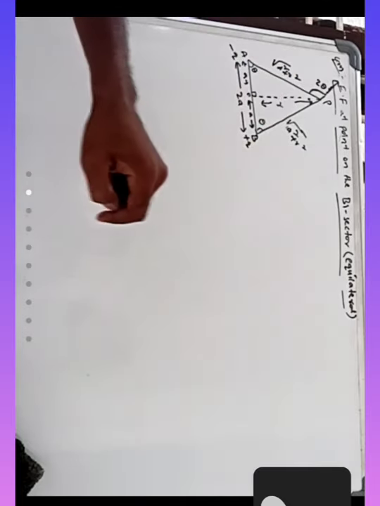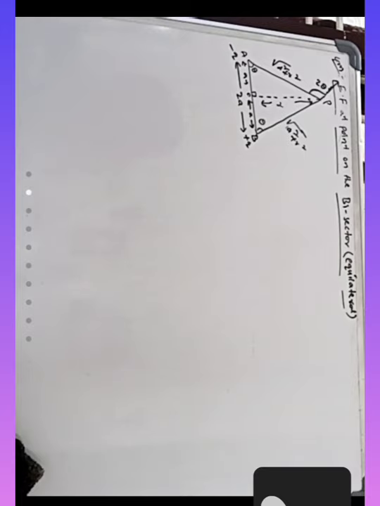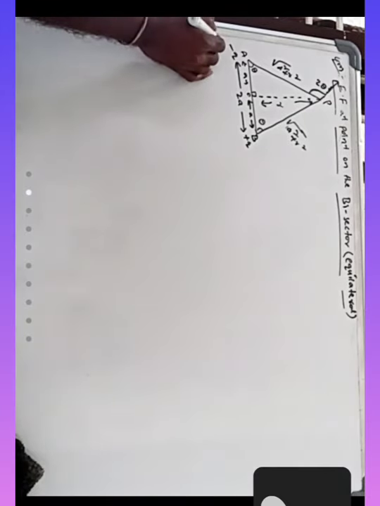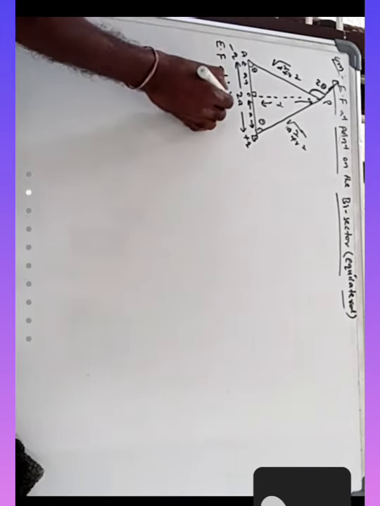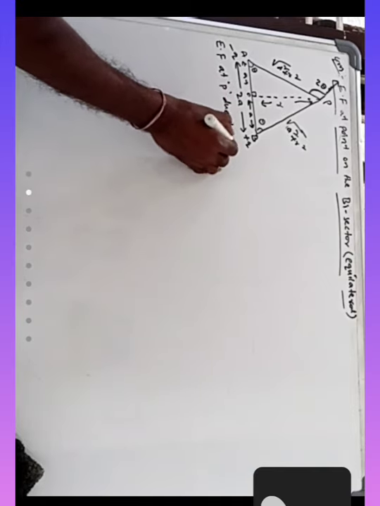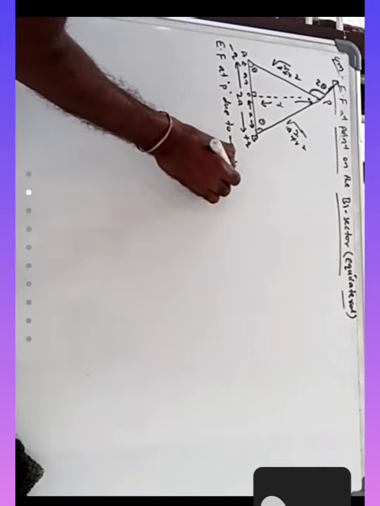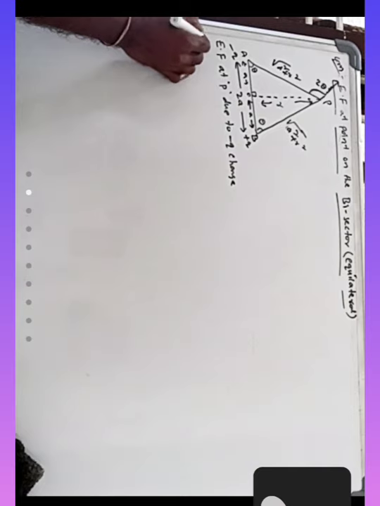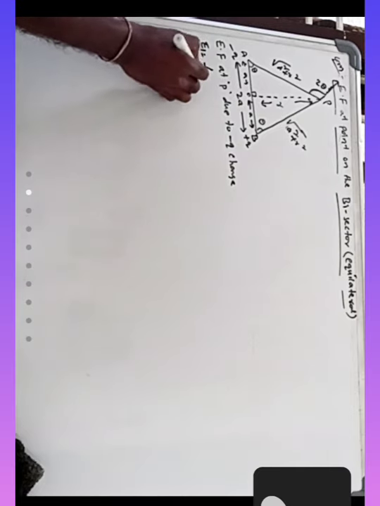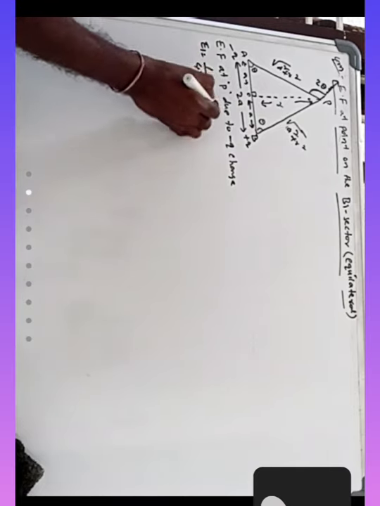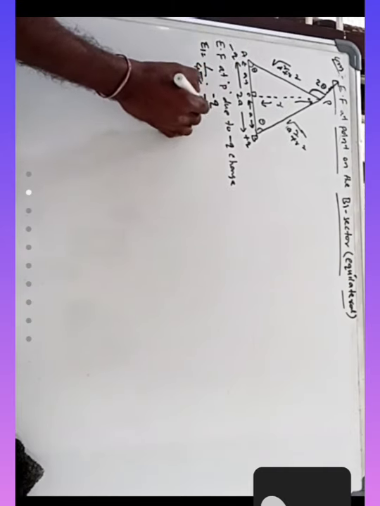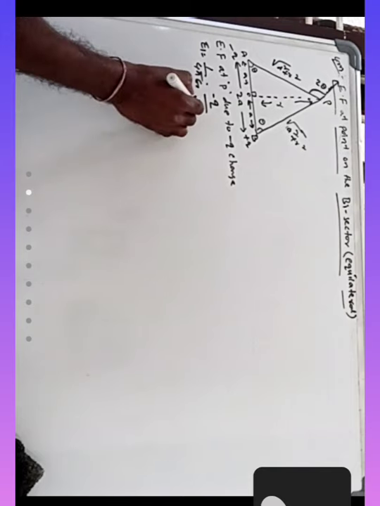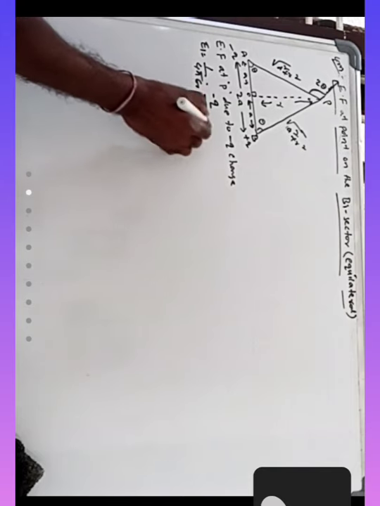So we have to follow the parallelogram formula. Now write this. The electrical field at point P due to minus q charge: E1 is equal to 1 by 4 pi epsilon naught into minus q by the distance, under root a squared plus r squared whole squared.